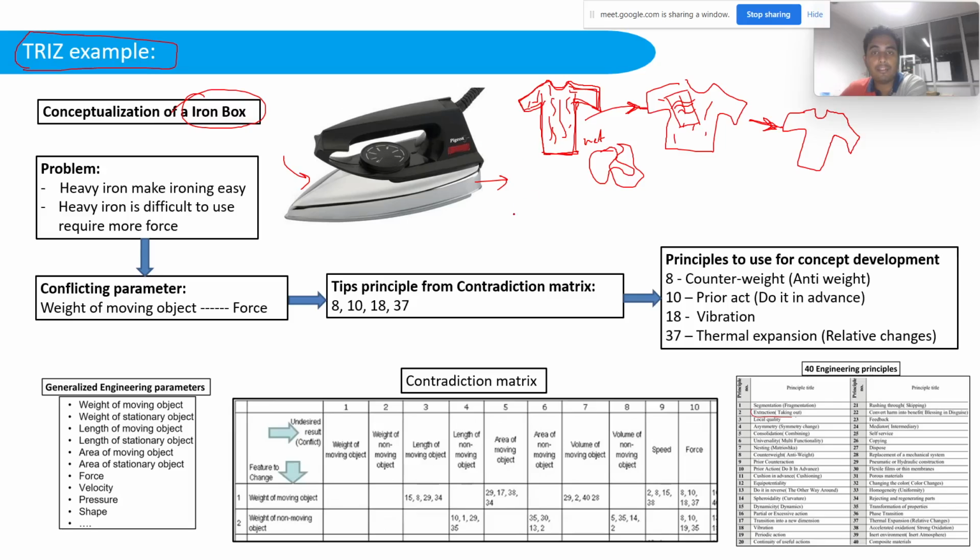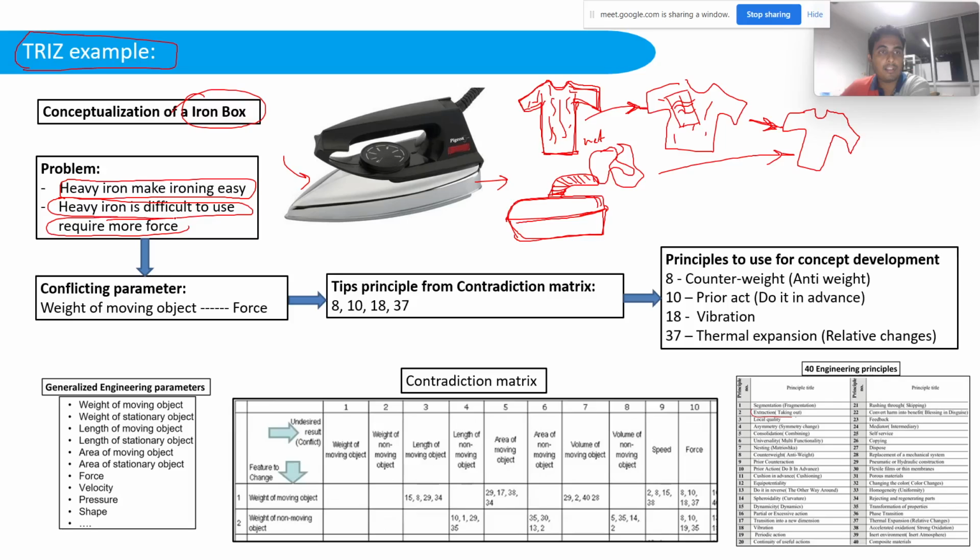Earlier, we used to have heavy metal irons, some of them electrical and some charcoal-based, but because they have their own self-weight, it is very easy for them to press and make clothes wrinkle-free. So the problem is that a heavy iron makes ironing easy. However, a heavy iron is difficult to use and requires more force.